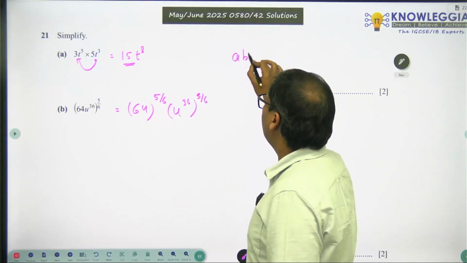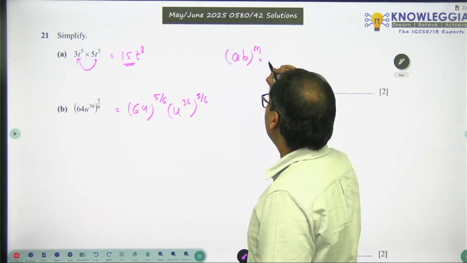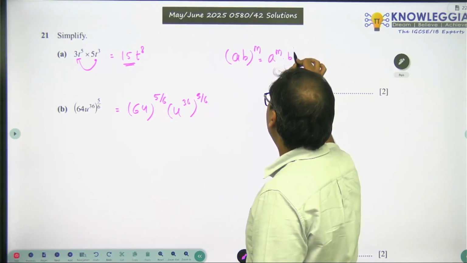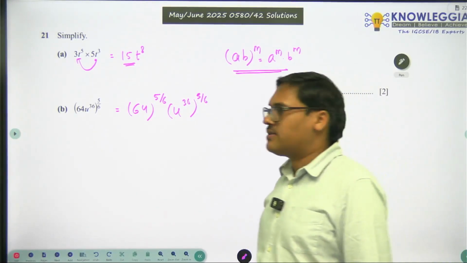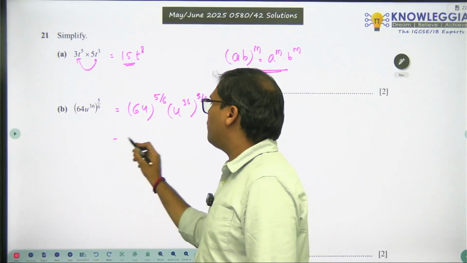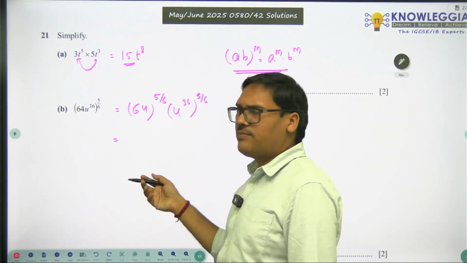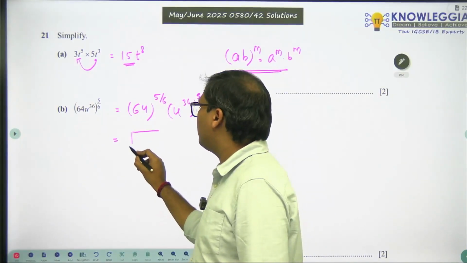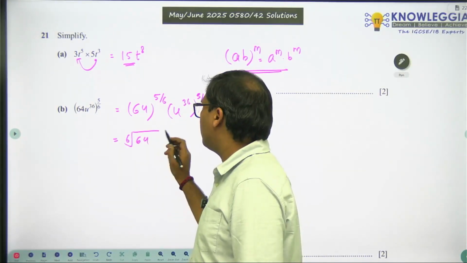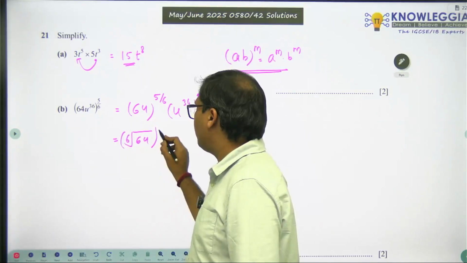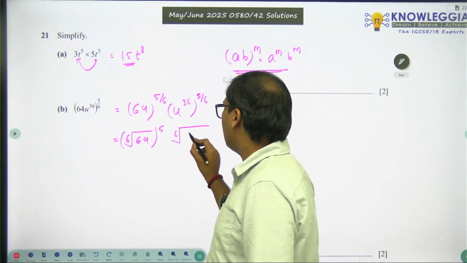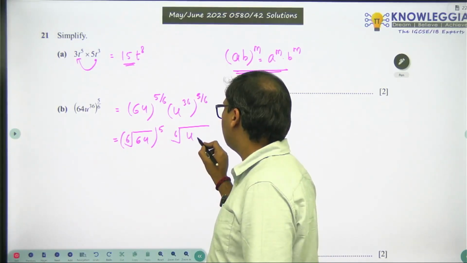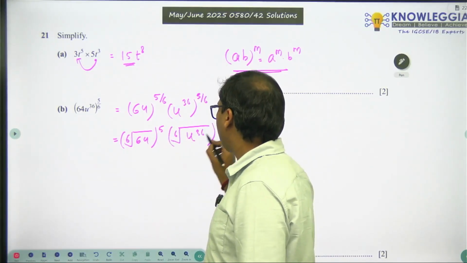If you have a into b raised to m, this is a raised to m into b raised to m. That is the property of the exponents. Now, what is 64 raised to 5 by 6? This is the sixth root of 64 raised to 5. And this is the sixth root of u raised to 36, raised to 5.